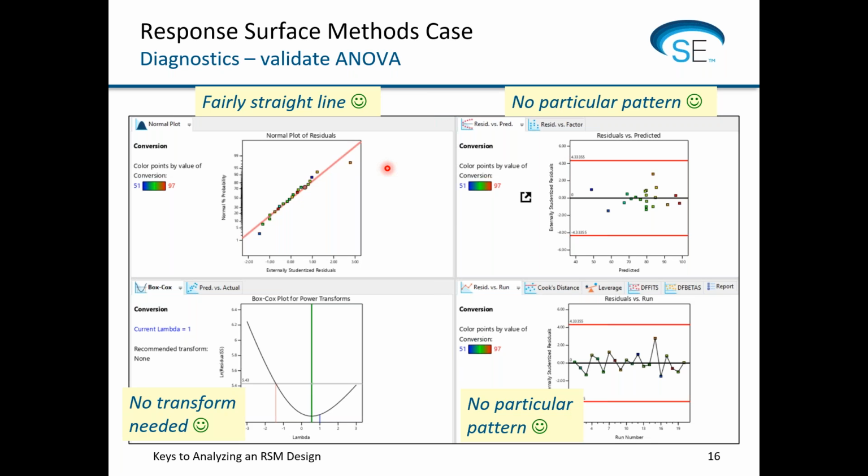As a matter of fact, you can find the statement in textbooks in the DOE diagnostics section that says that ANOVA is robust to moderate deviations from normality. Let me repeat that: ANOVA is robust to moderate deviations from normality. That means there can be some wiggle up and down, a little bit of tailing off on the ends, and it's no big deal. We're quite robust to this particular assumption.